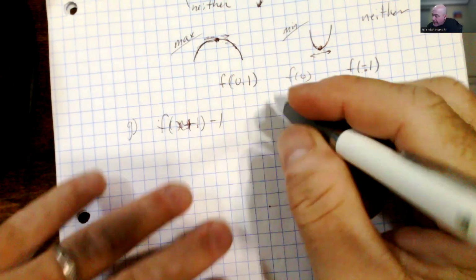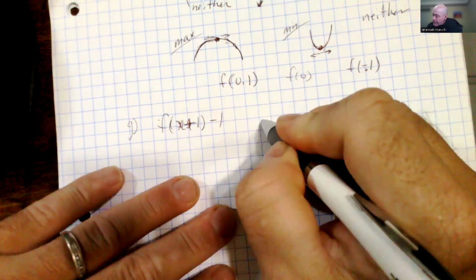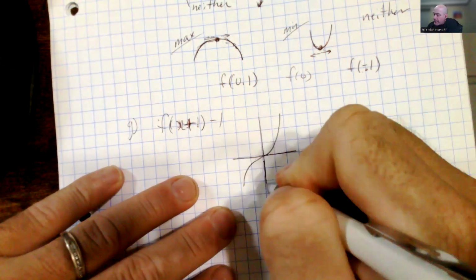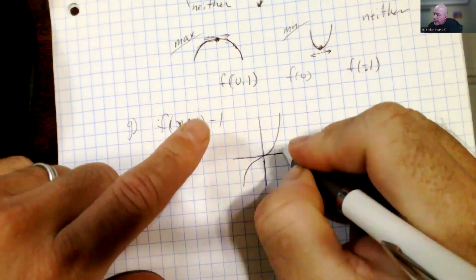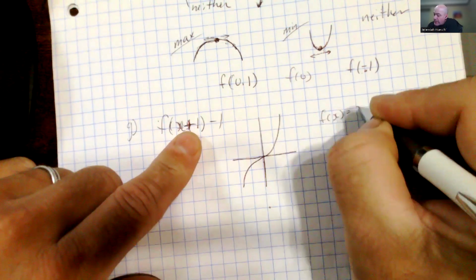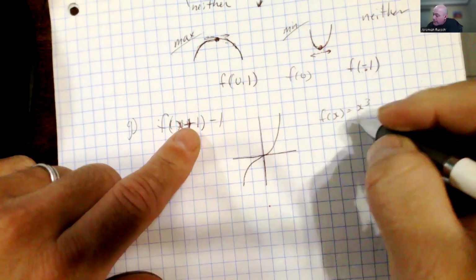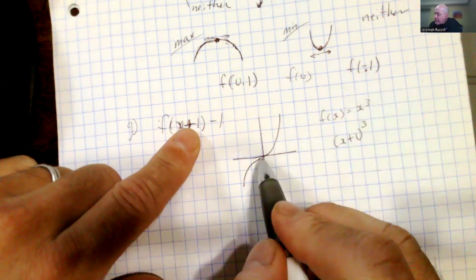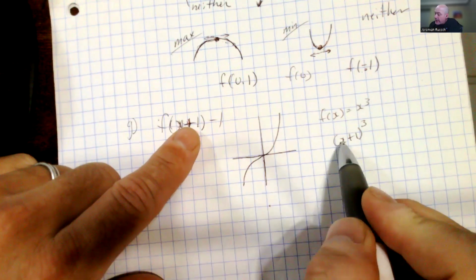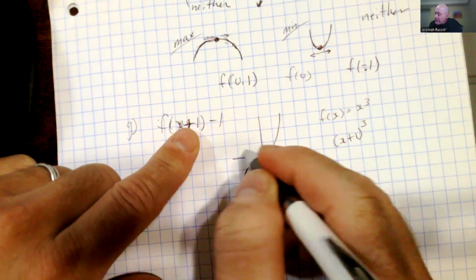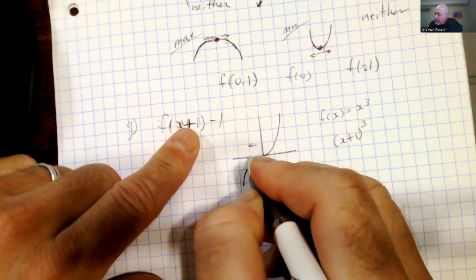Well, f of x looks like this. When I plug in x plus 1 to f of x equals x cubed, I get x plus 1 cubed. What is that doing? If I plug in negative 1, that makes this 0, so this point shifts to the left by 1 unit.